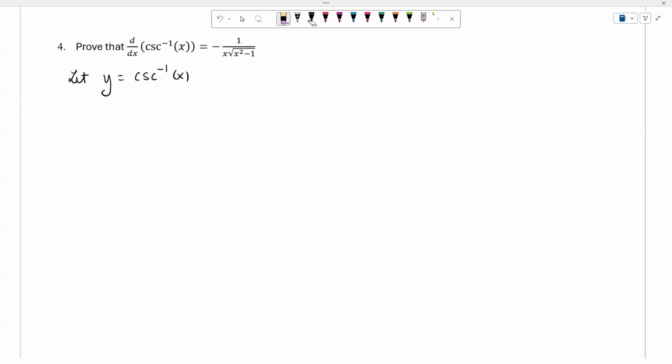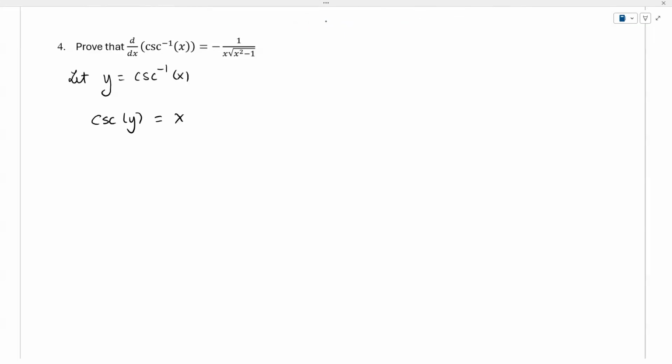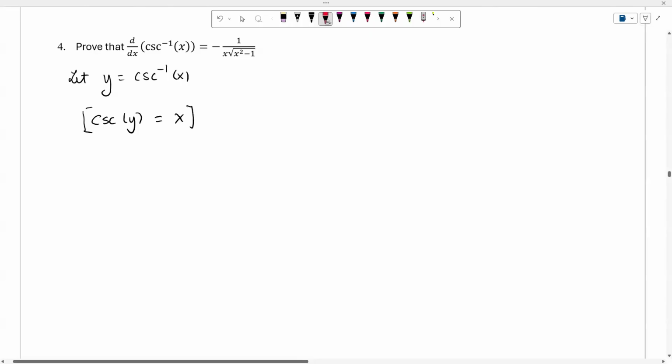And then I will have cosecant of y is equal to x. And now we take the derivative with respect to x to both sides of the equation.